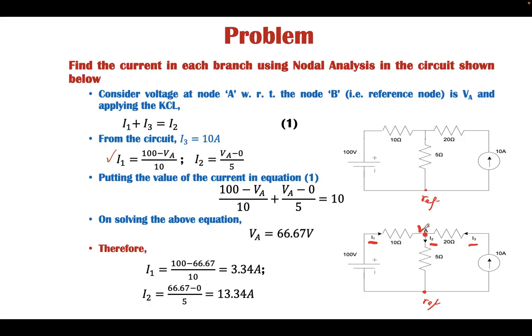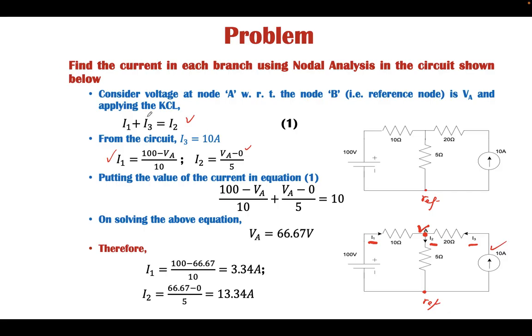Similarly, I2 can be calculated as VA minus 0, because the potential at the reference is taken as 0. Then we put these values of I1 and I2 in the equation. I3 is known to us, since in the branch where there is a current source, the current can never be more than that value, so this is a known quantity.